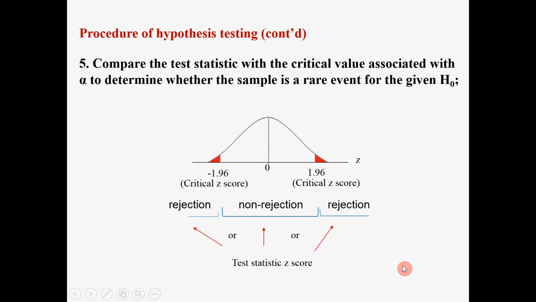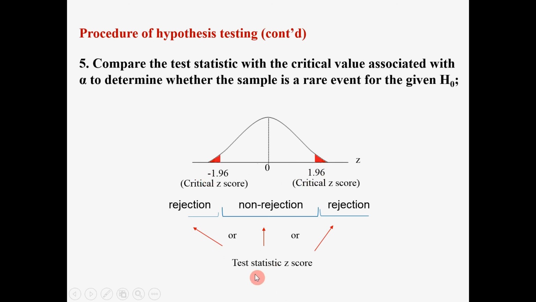Now, step number 5 involves the actual comparison between the test statistics from the sample mean and the critical values that are associated with the level of significance alpha. Now, as we said before, at 5% level in a two-tailed test, the two critical z-scores are positive and negative 1.96.